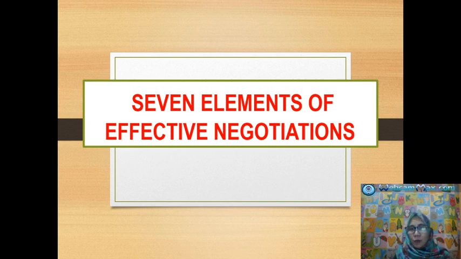For today, we are going to discuss it: 7 elements of effective negotiation. Questions will come out to get more understanding about each of the 7 elements. Okay, let's go.